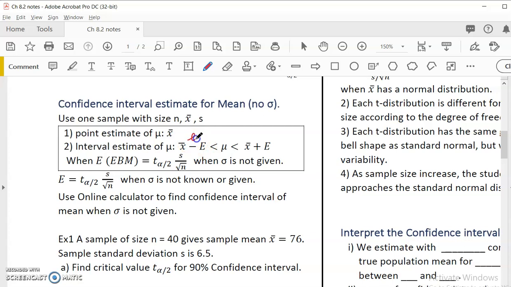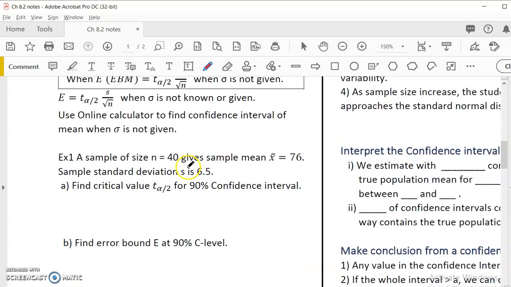We call this the lower limit and this the upper limit, so that your population mean will be between these two numbers. And remember, you use T because you have no sigma. You cannot use Z because you cannot count sigma over square root n tick marks. The key is you use the student T distribution when sigma is not known or given.